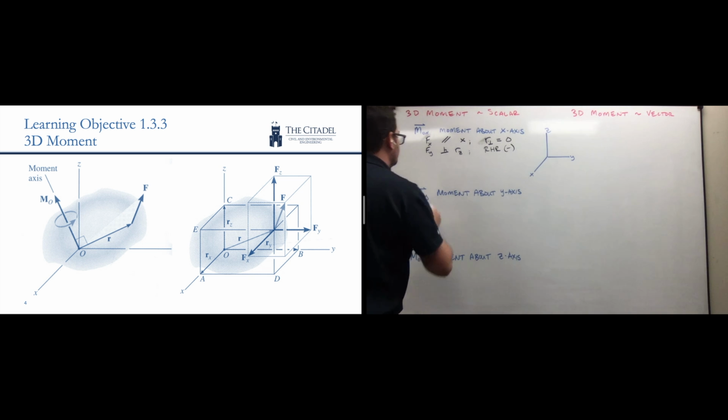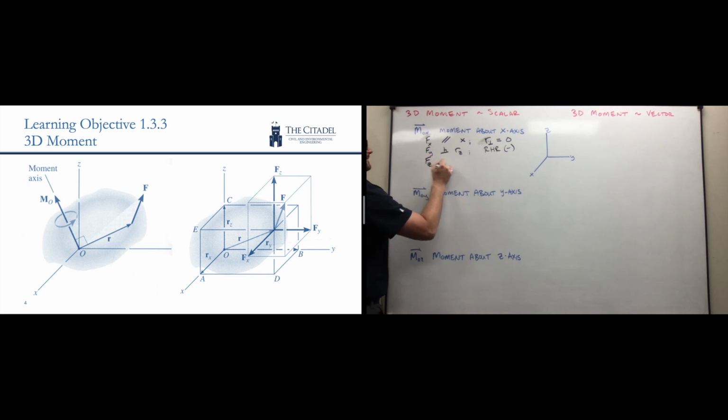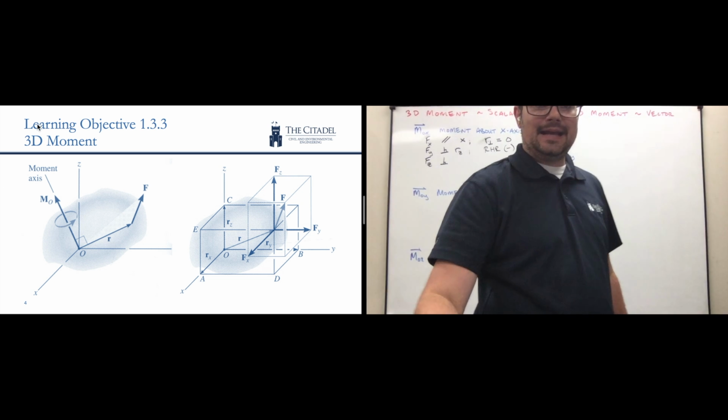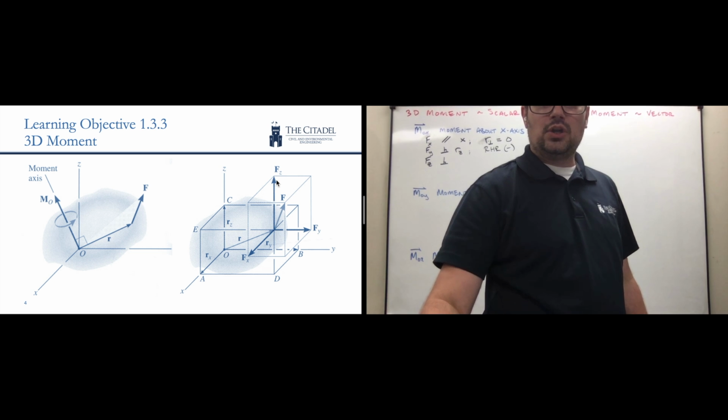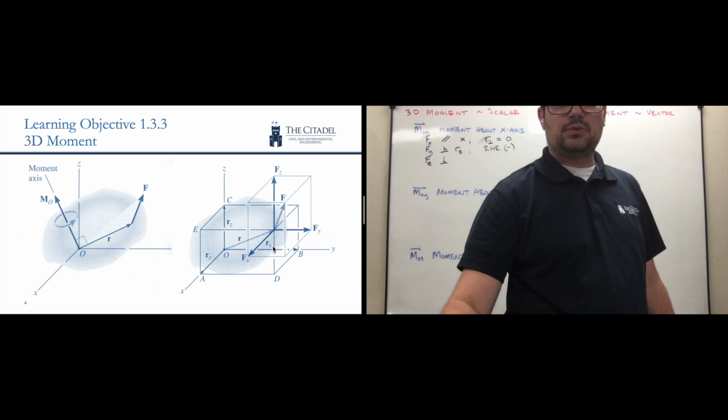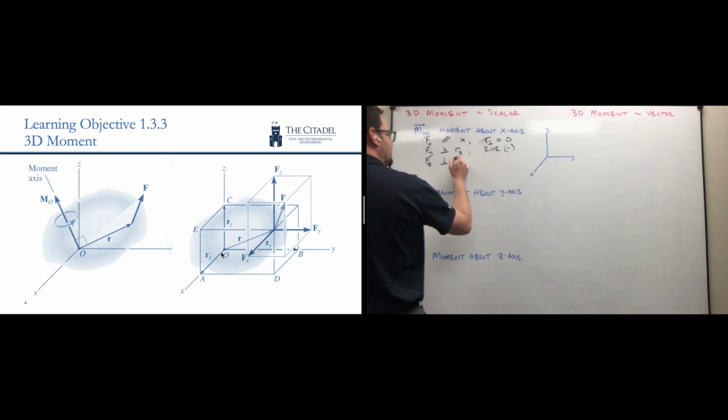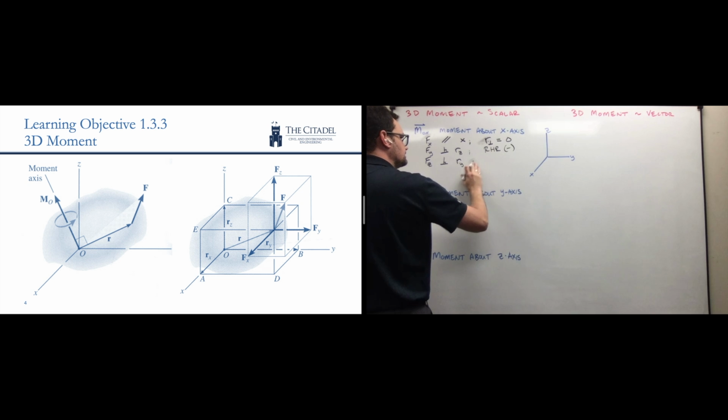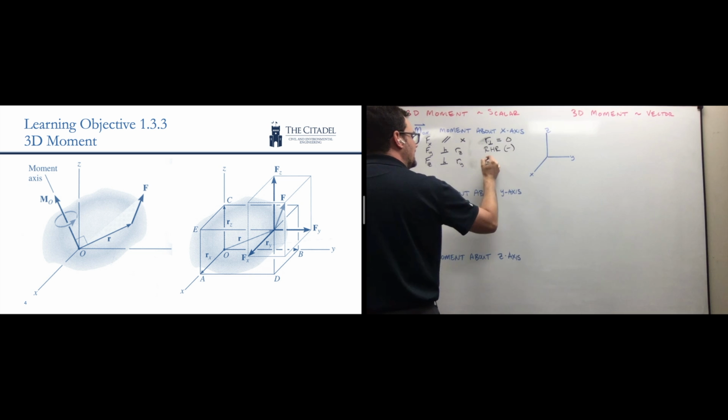Okay. Let's think about force Z now. We've looked at force X, force Y, and now we're looking at force Z. We're looking for its perpendicular distance from the x-axis, so we're going to extend its line of action down to D, and this is the perpendicular distance that would take us back to the x-axis, which is Ry. So force Z is perpendicular by the distance Ry, which means, what's our right-hand rule?